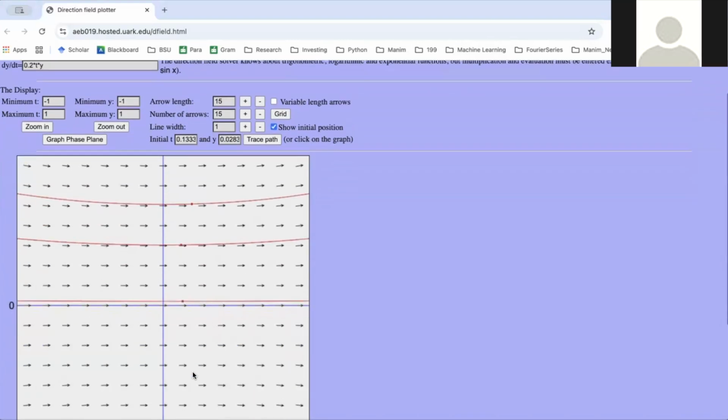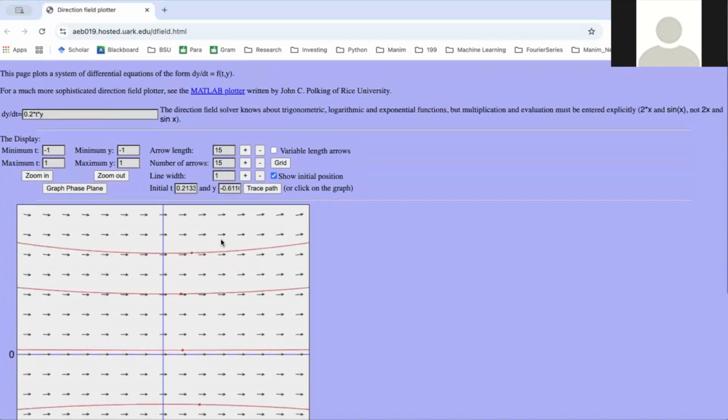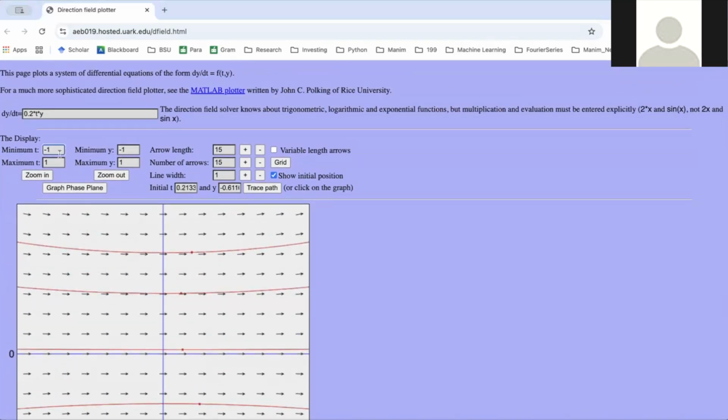Click on the screen to view the solution curves. Again, you can change the display or the window of the visualization to have a bigger picture or a better view of the direction view and solution curve. Now I'm going to change to -5 and 5, -5 and 5 here.